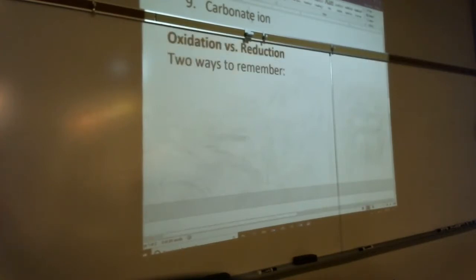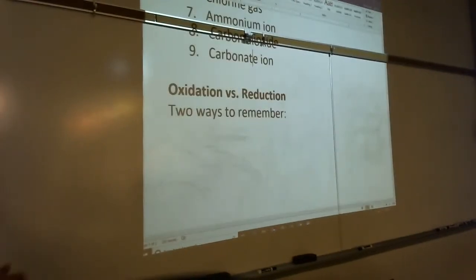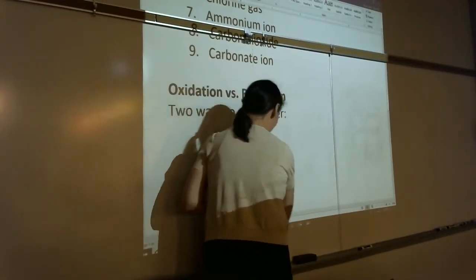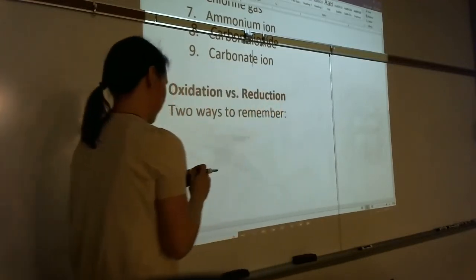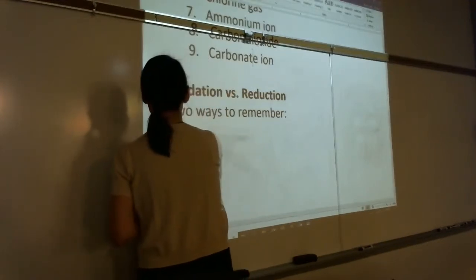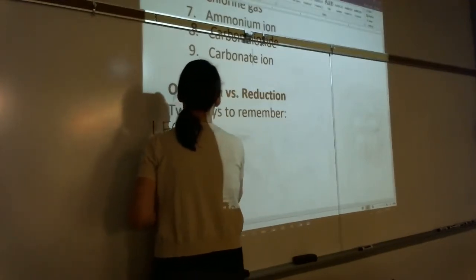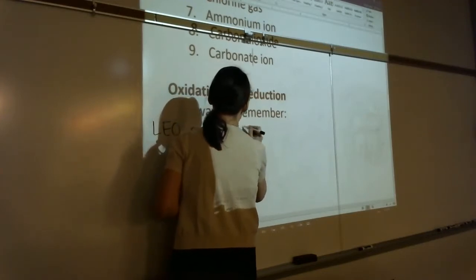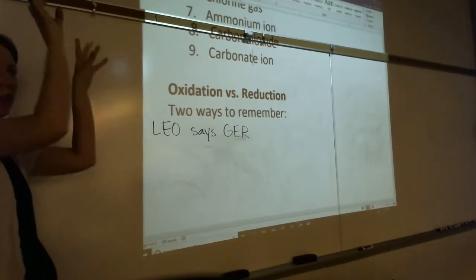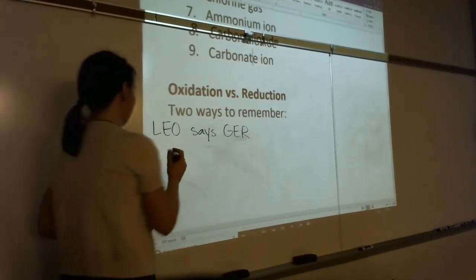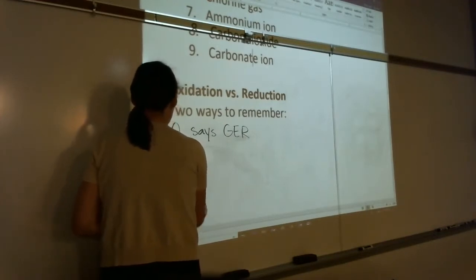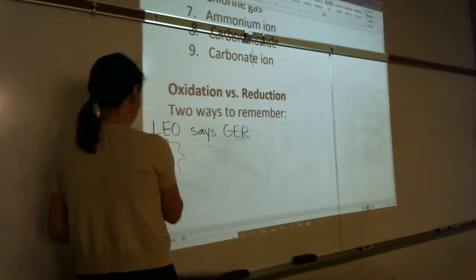There are 2 ways to remember it. You pick the one that works for you. I know my colleague next door uses one of these methods. This is the one that I learned. Leo says grr. If you think about your constellations, isn't there a constellation Leo, the lion? I learned this when I was 15, so bear with me. There's Leo. He's a lion, and he says grr.